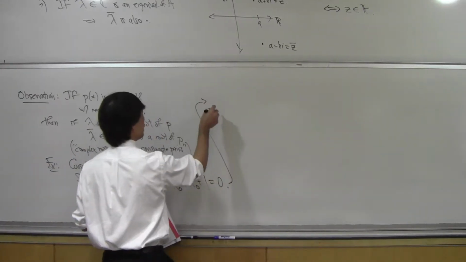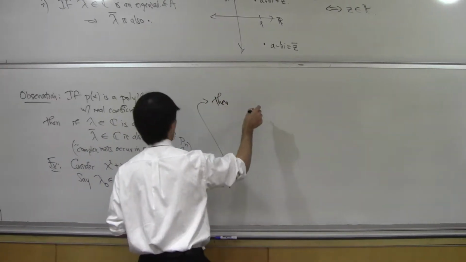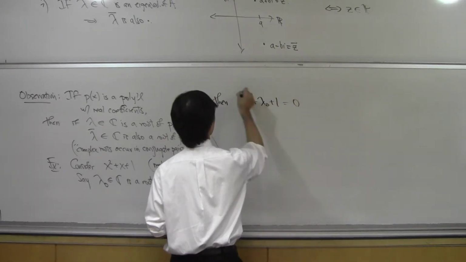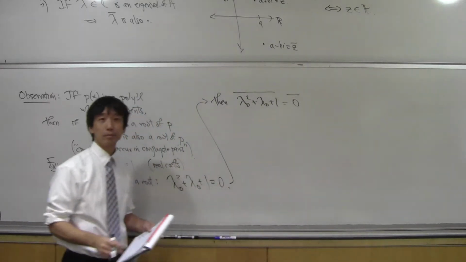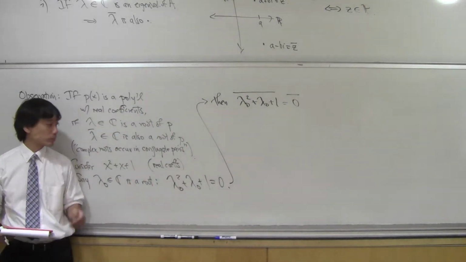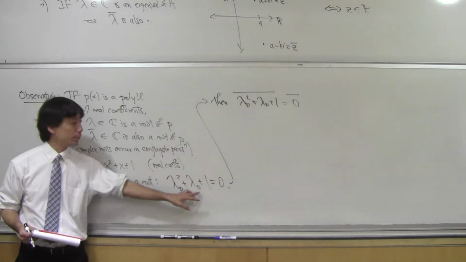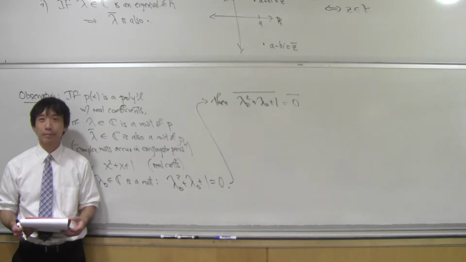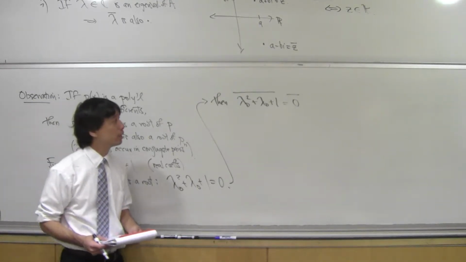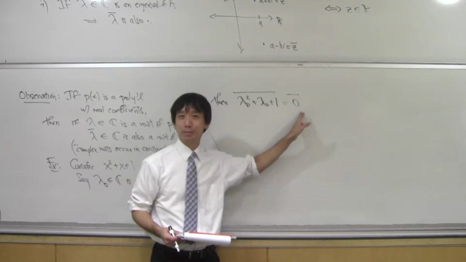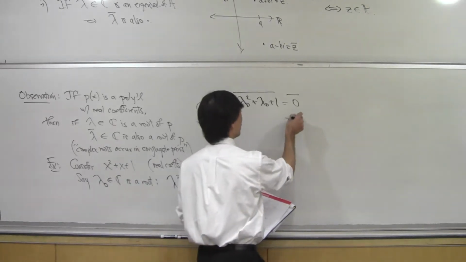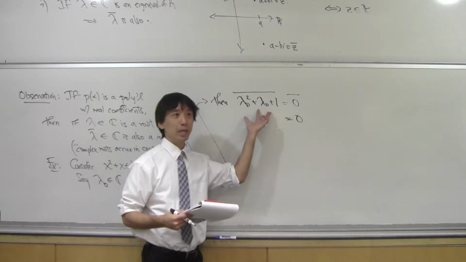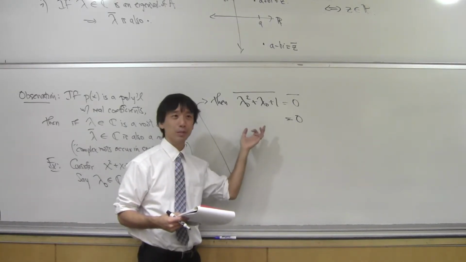Then let's take the complex conjugate of both sides. The thing on the left is 0, the thing on the right is 0. What's the complex conjugate of 0? 0. What's the complex conjugate of a sum? It turns out to be the sum of the complex conjugates.